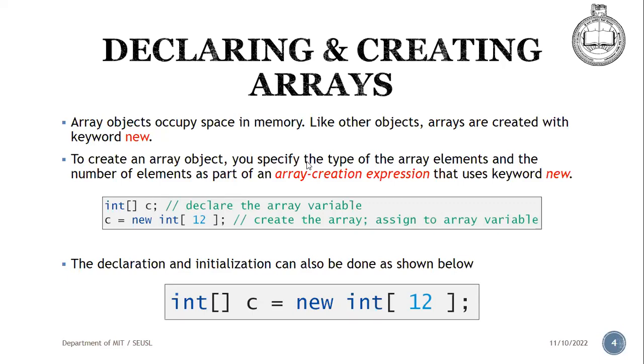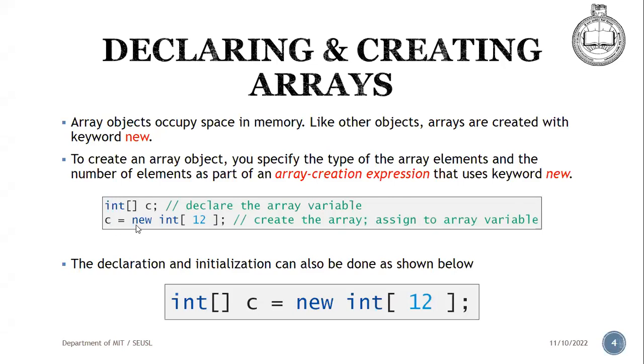First of all, you have to specify the type of the array, based on the data type, whether it's going to be an integer array, a double, or a float. So first of all, you have to specify the type. You should specify the type of the array elements and the number of elements as a part of the array creation expression that uses the new keyword.